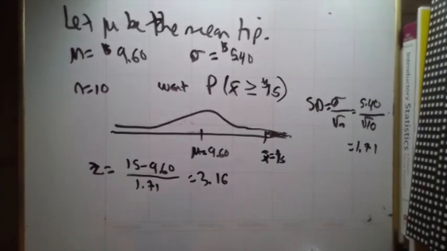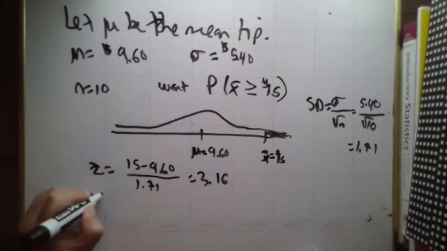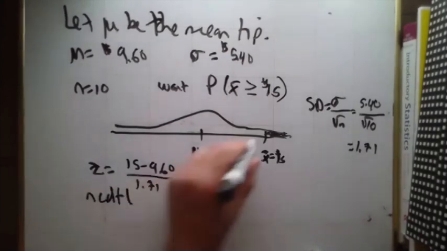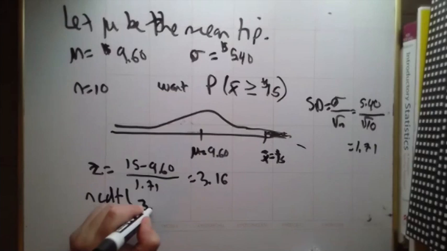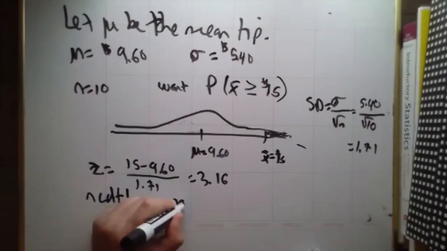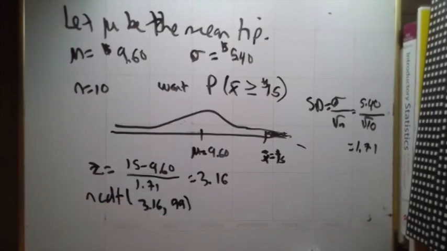That would be really weird. That would be a weird sample. That's a giant z-score. Then we want to do normal CDF. We shaded from there and above, so from the smallest to the largest: 3.16 to 99.